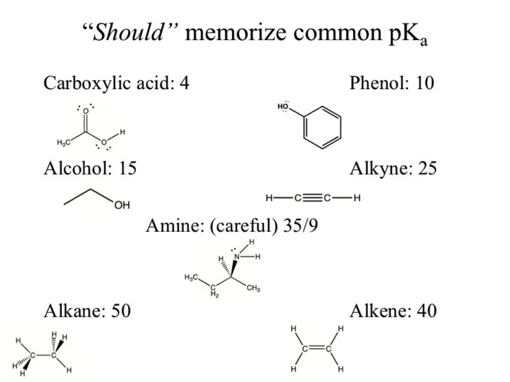The amines are really, really tricky because when you look up the amine pKa, I find it particularly irritating. You type in pKa for the amine, they tell you 35. No, that is not the pKa for an amine. What is that the pKa for? Or sorry, they tell you the pKa is 9. Sorry, when you look up an amine. Amino acid? Nope.